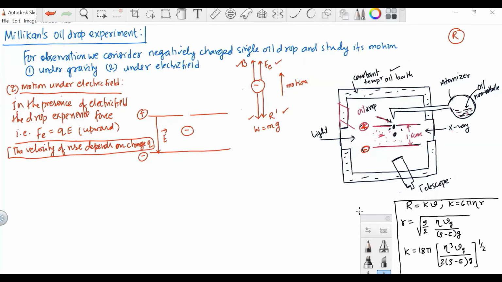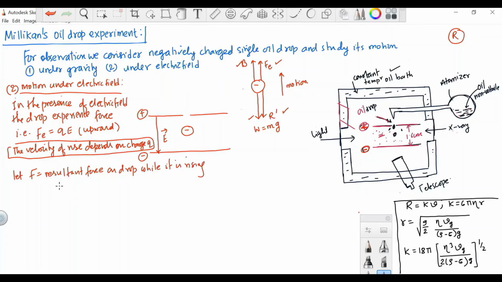Now we need to find the resultant force on the drop while it is rising. Let F be the resultant force on the drop while it is rising.